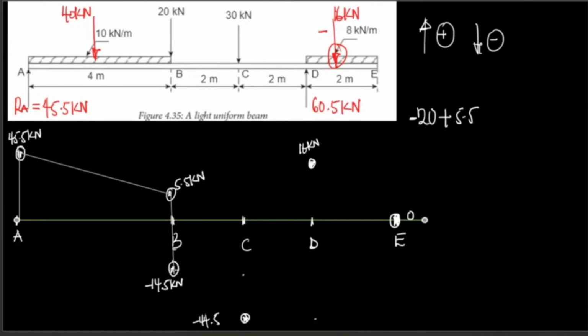And then I'm going to draw another line. Between B and C, there is no force acting there, so it's just going to be a horizontal line. Just going to tick that.